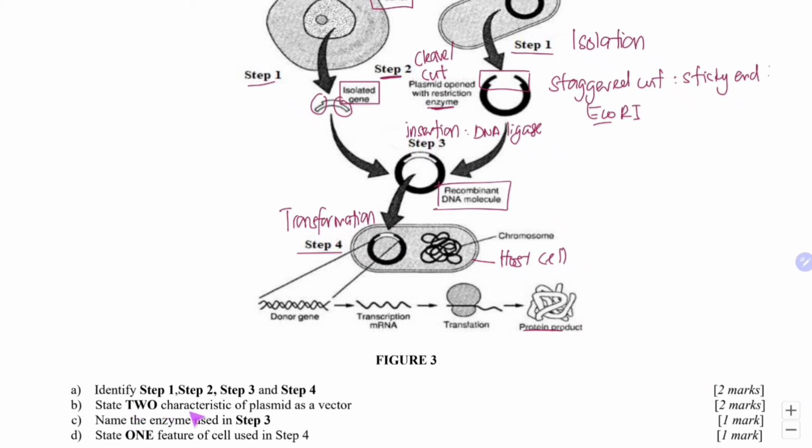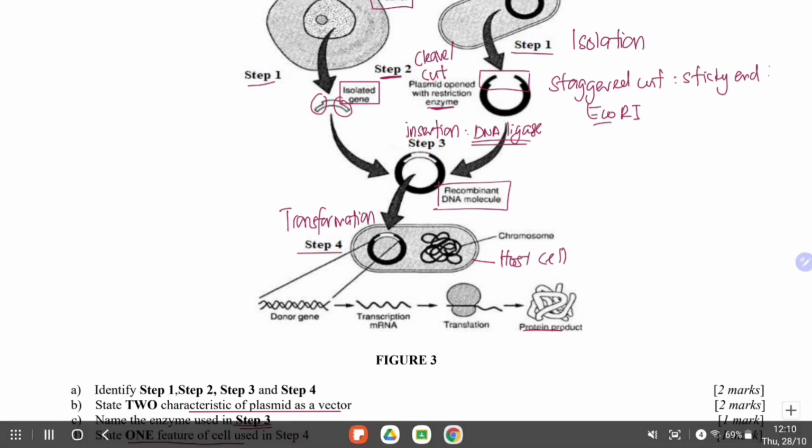Next, question 2, characteristic of the plasmid as a cloning vector. So ni pun tadi kita dah discuss in question number 1. So pilih saja 3 karakteristik tersebut. Next, name the enzyme used in step 3. So enzyme dia adalah DNA ligase. So dia kata name saja, so tak perlu state the function lah. So just beritahu the name of the enzyme is DNA ligase. And the last one, state one feature of the enzyme.